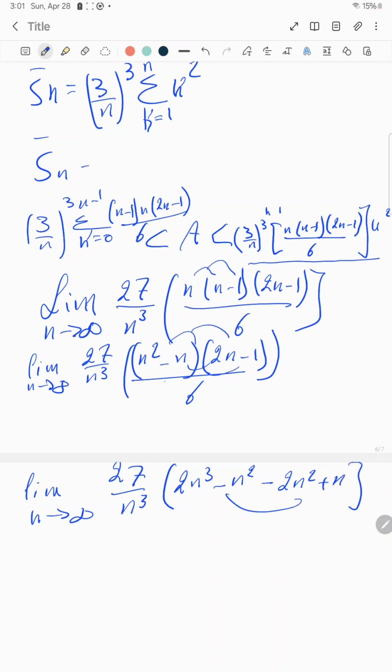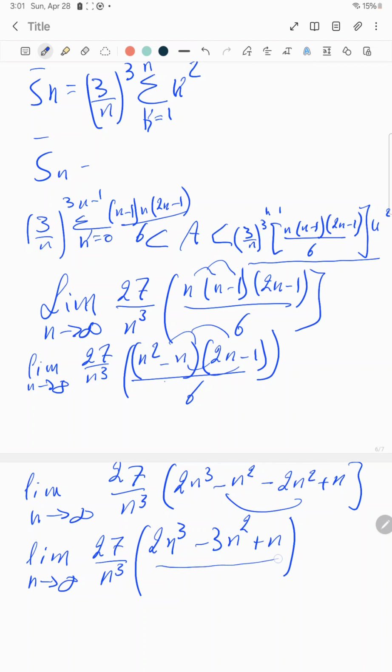Now I have those two, so the limit when n goes to infinity of 27 divided by n to the power of 3, so 2n to the power of 3 minus 3n to the power of 2 plus n.